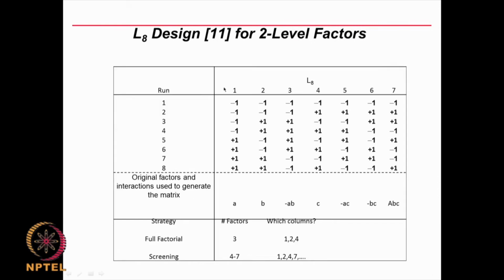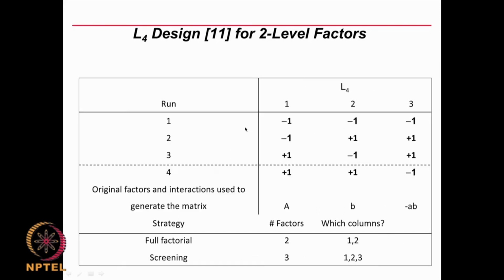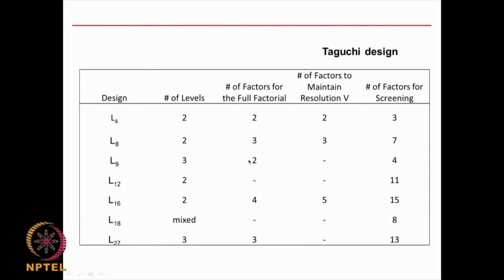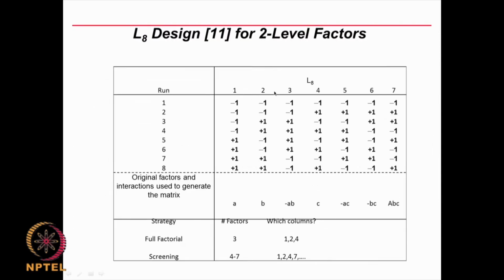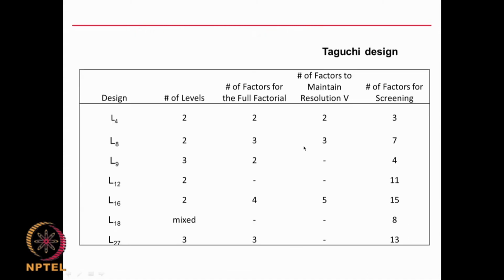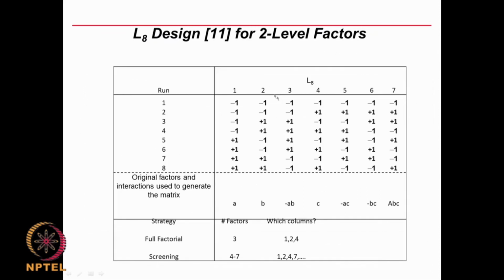So, let us look at the L8 design, this is how it looks. Either I can have fewer factors, only 3 factors, then it becomes a full factorial design, that means A, B, C. So, this will become A, B, this will become B, C, this will become A, C, this will become A, B, C. Or I can have 7 factors A, B, C, D, E, F, G. I am doing 8 experiments, it is like your Plackett-Burman design.